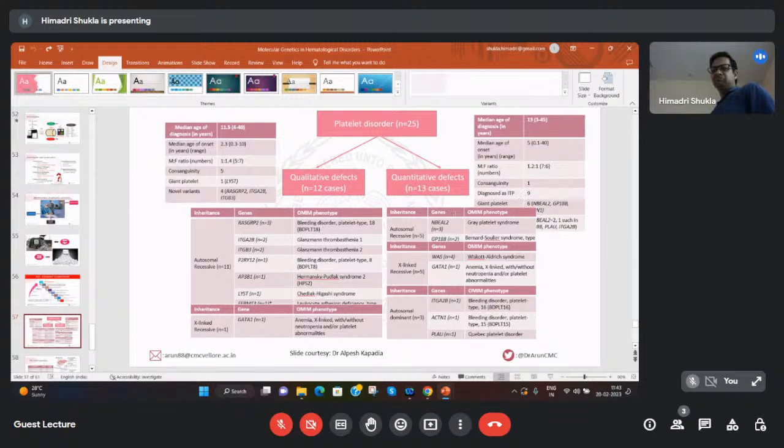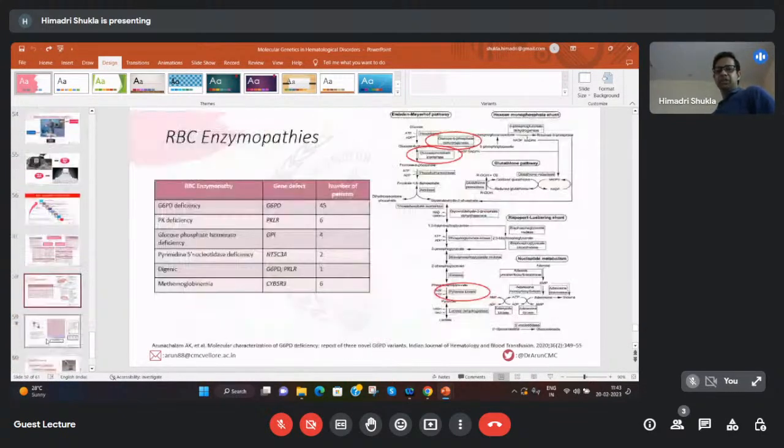Within just 1.5 years, we have identified so many other platelet disorders, not just Glanzmann thrombasthenia and BSS, but many other disorders which we were not picking up earlier. But now, because we are doing NGS, we are able to diagnose all these patients.